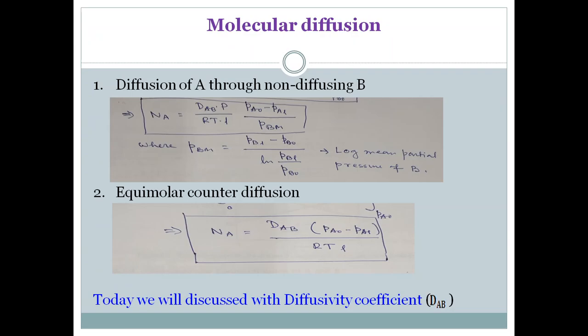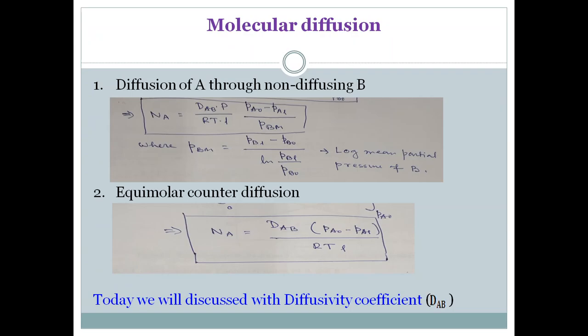We studied this, and in the last lecture we solved two problems relating to it. Now we can calculate for a particular process what Na is. Na means total flux, that is kilomole per meter square per second.